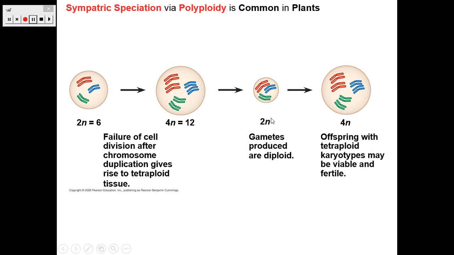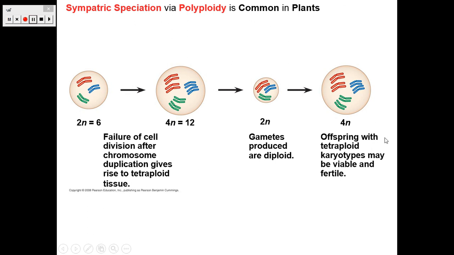Then the gametes that we produce are going to be diploid, because we take this and we divide it in half when we go through meiosis. Then that is going to produce tetraploid offspring. The offspring end up being tetraploid if I have gametes that are 2 diploid ones. So now my offspring is 4N when my original parent was 2N.